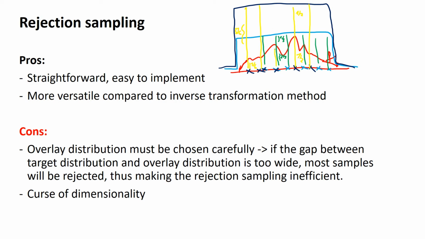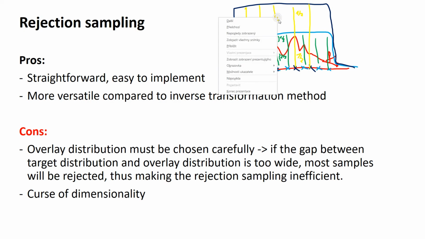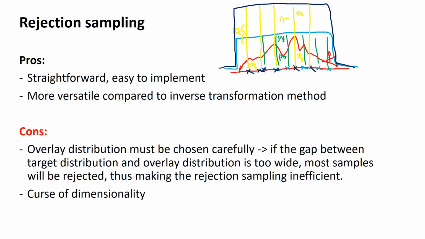Or maybe here, this is a really good example. So this feels like 4/5 are above and 1/5 is below the red line. Now, for this sample and this distribution, you have just 1/5 probability, meaning 0.2 probability that you will accept the sample, right?